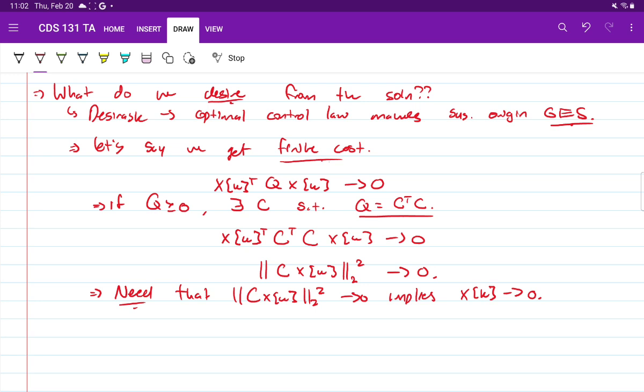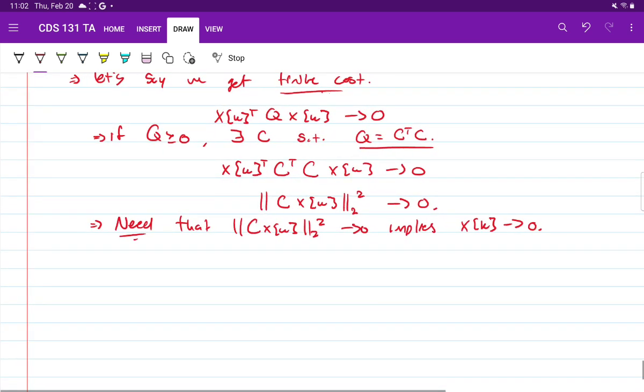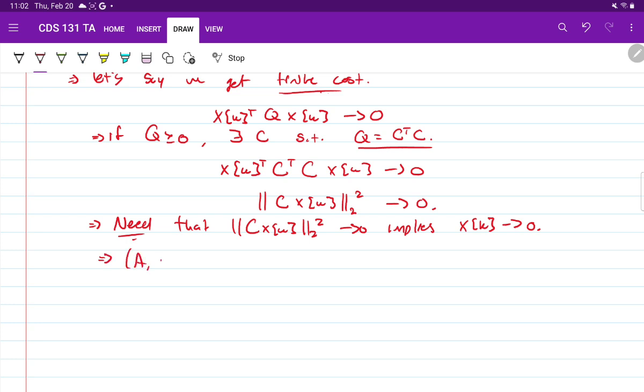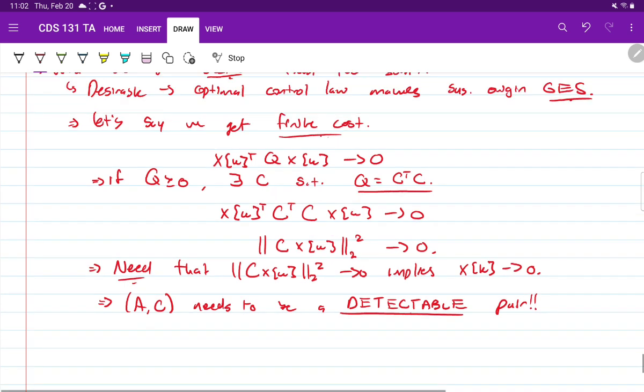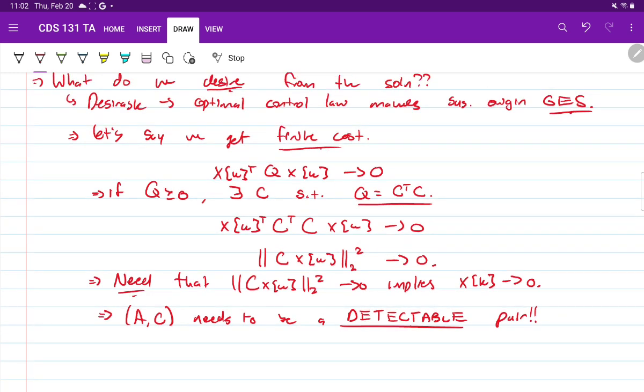Now, maybe something that you came up with is that A, C needs to be a detectable pair. So you might recall that we say that A, C is a detectable pair if all of the unstable modes of our system are observable, okay?